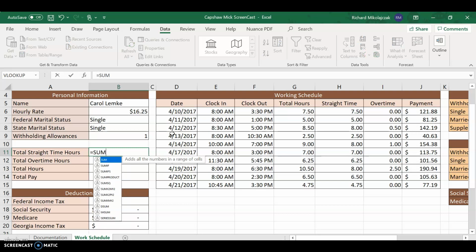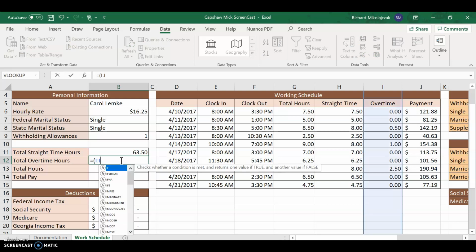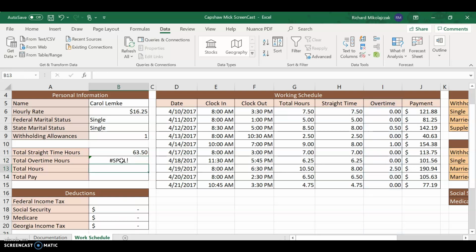Equals SUM, for straight hours is column H, so H to H. For the overtime, we'll do the same thing. Equals I, all the way over. Whoa, what did I do? I spilled something because I didn't sum.